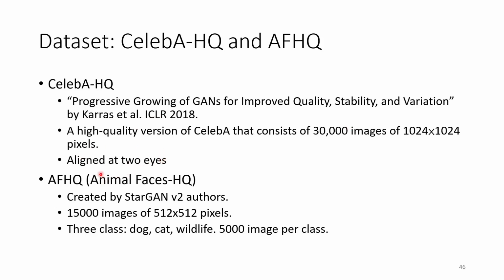And the AFHQ dataset was compiled by the StarGAN v2 team. There are 15K images, and the resolution is slightly smaller, and it was divided into 3 classes: dog, cat, and wildlife. Each of them has 5K images.